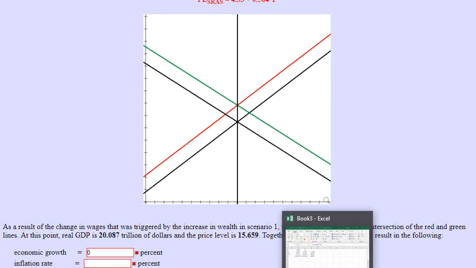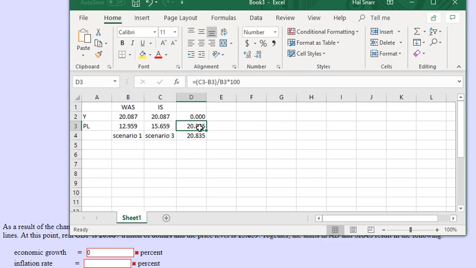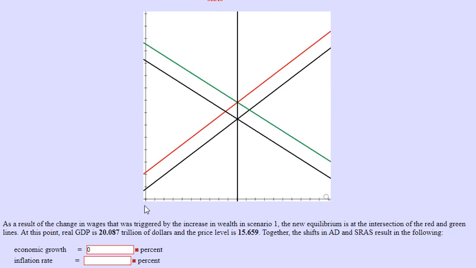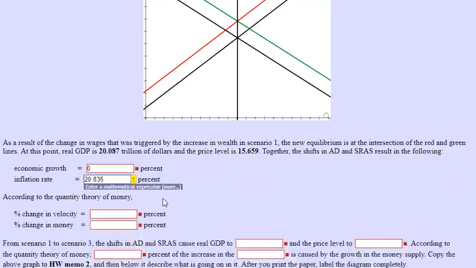Okay, only inflation. So the inflation rate is calculated from scenario 1 to scenario 3. In scenario 3, the price level is 15.659. In scenario 1, it was 12.959. We divide that difference by what it was, 12.959, then we multiply by 100, and we get 20.835 for the inflation rate.